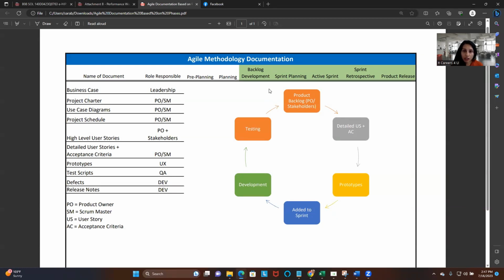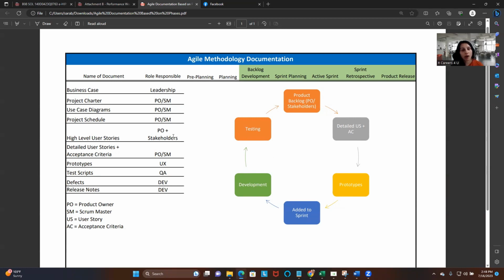So generally, this is a process that we follow. We have a product backlog and then stakeholders. We have a product backlog with detailed user stories plus acceptance criteria. We have prototypes. We add them to the sprint. Development begins, and then testing. So this is a cycle that kind of repeats itself.